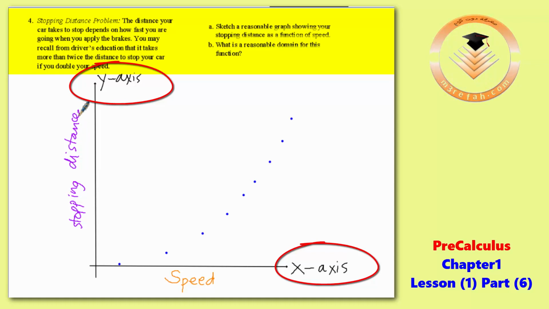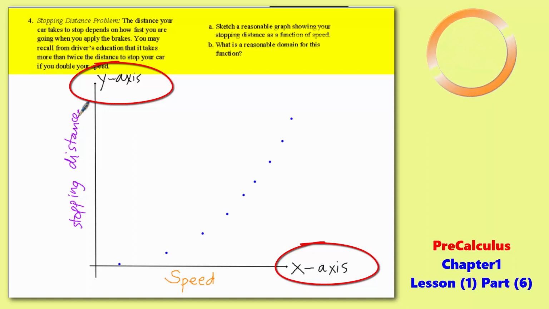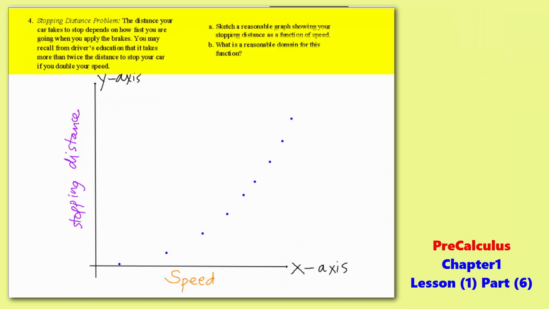Now, for a certain speed, if you have a slower speed, of course, your stopping distance or your braking distance would also be low. So, for example, we have, let's say, 1 meter here.